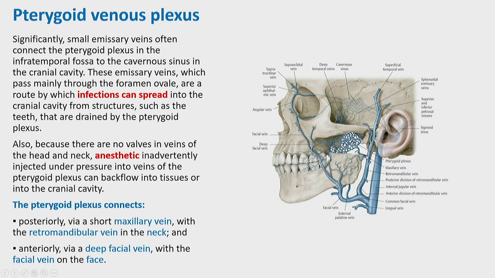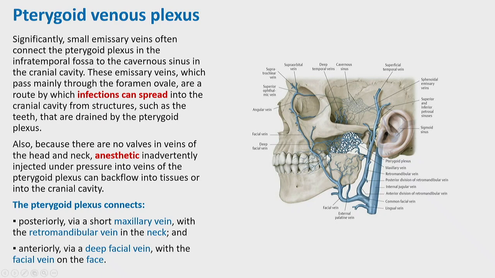What is important is that the pterygoid venous plexus has a connection posteriorly, or dorsally, via two small veins, which are the maxillary veins. They are connected to the retromandibular vein, and then the retromandibular vein divides into the posterior division, which drains to the external jugular vein, and the anterior division, which drains to the common facial vein or internal jugular vein.